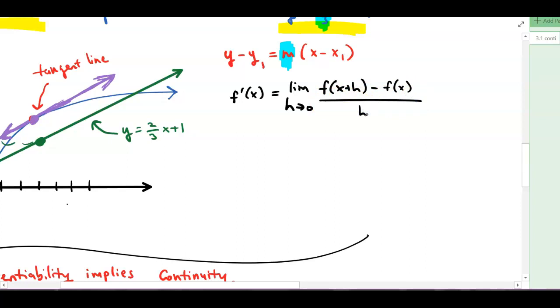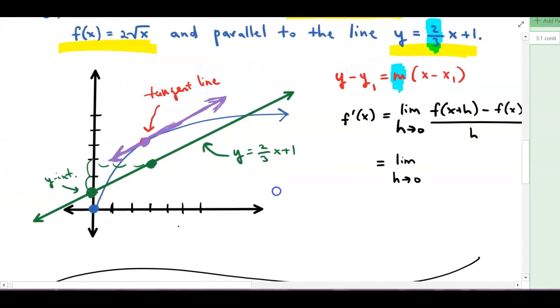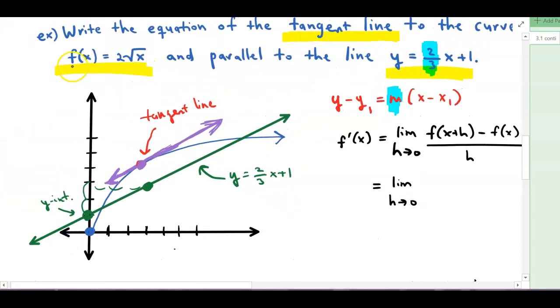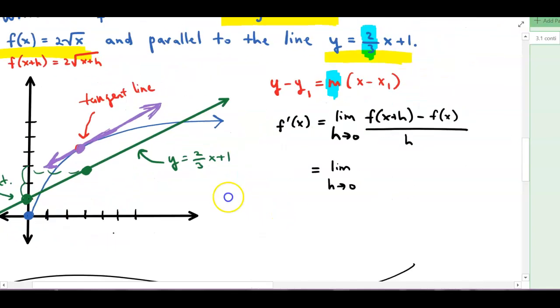Alright, so our f of x plus h is the original function, but wherever you see an x, you're gonna plug in an x plus h. So that's the f of x plus h guy.